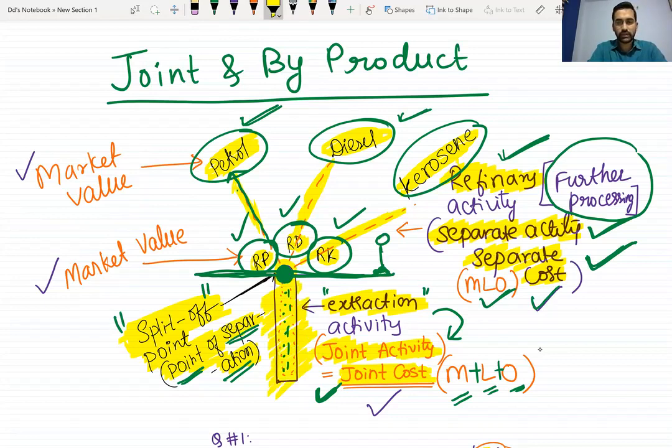Draw extraction activity right there, in bracket joint activity. There one small arrow mark, you write joint cost, in bracket material, labor, overhead.